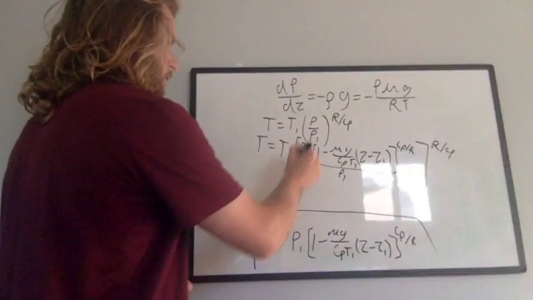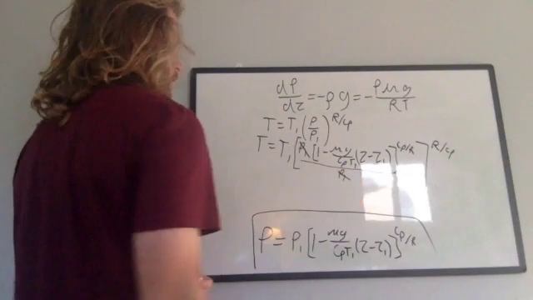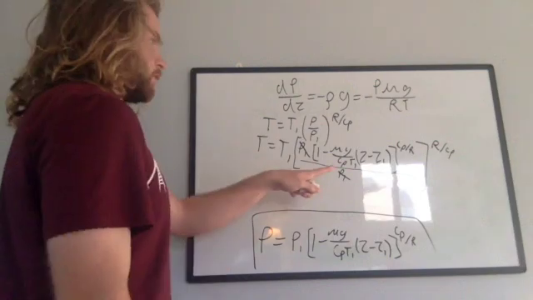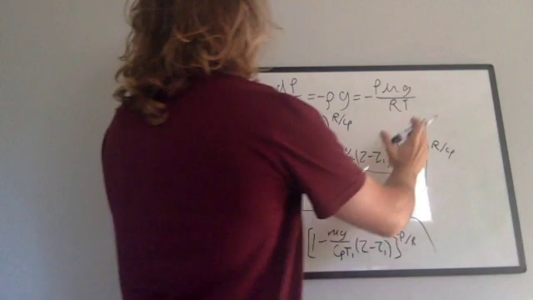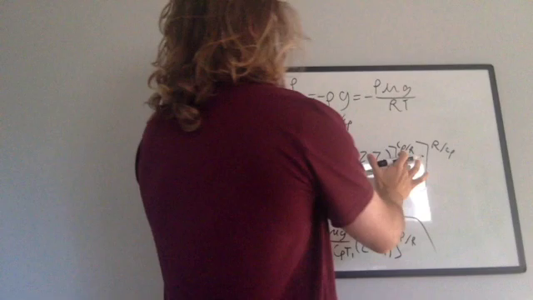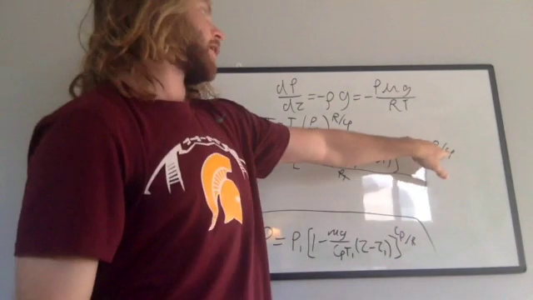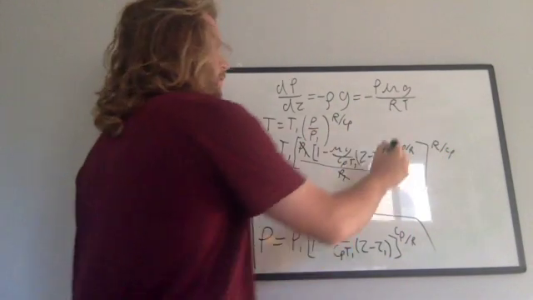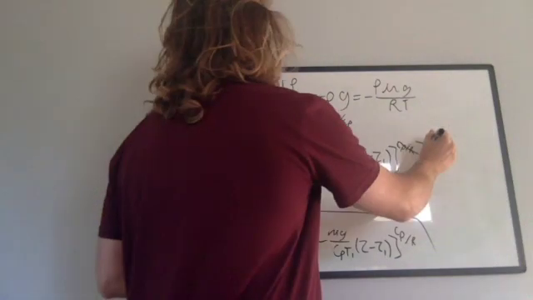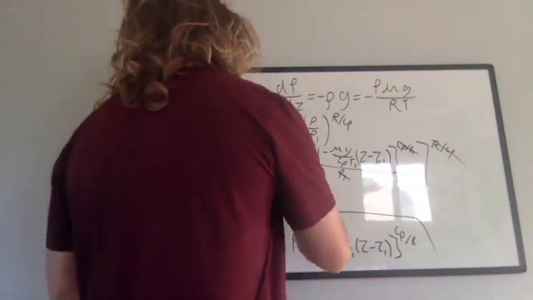As you can see here, these P1s are going to go away, so we're no longer going to have to worry about that. And then within these brackets right here, it's to the Cp over R, but then outside of the brackets, it's to the R over Cp. So these exponents are going to cancel, and this is going to be a real simple expression right here.